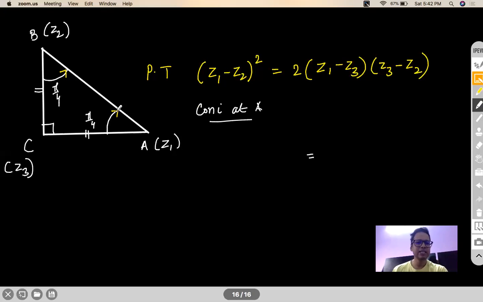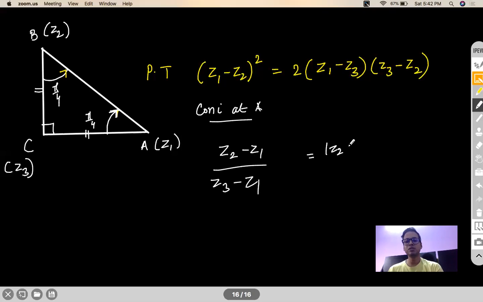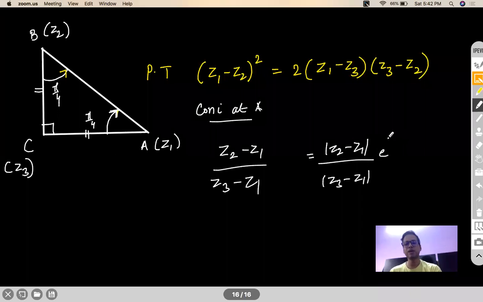The rule was always to write down the two complex numbers on the tip or the arrowhead of the angle direction that you have assigned to it. So it will be (Z2 minus Z1) by (Z3 minus Z1) equals mod(Z2 minus Z1) by mod(Z3 minus Z1) times e to the power i minus pi by 4.